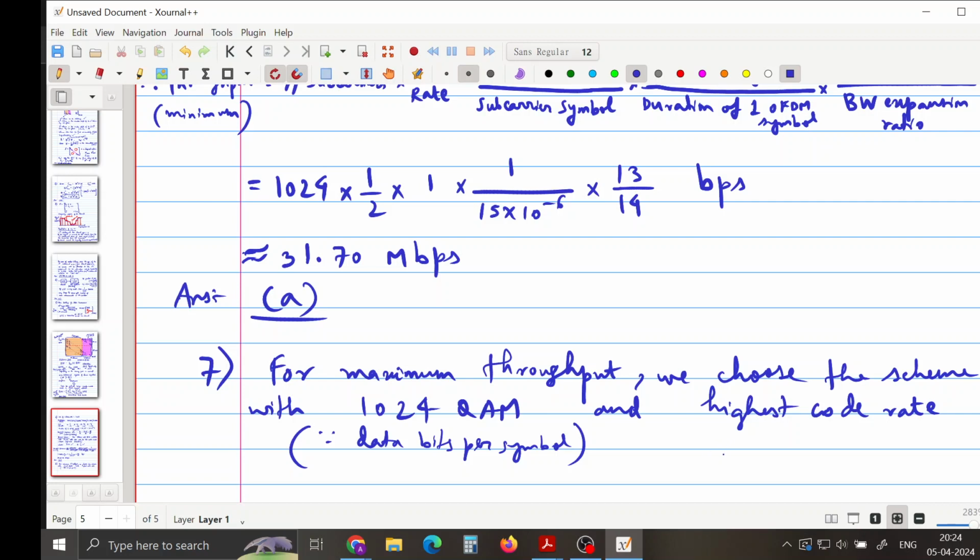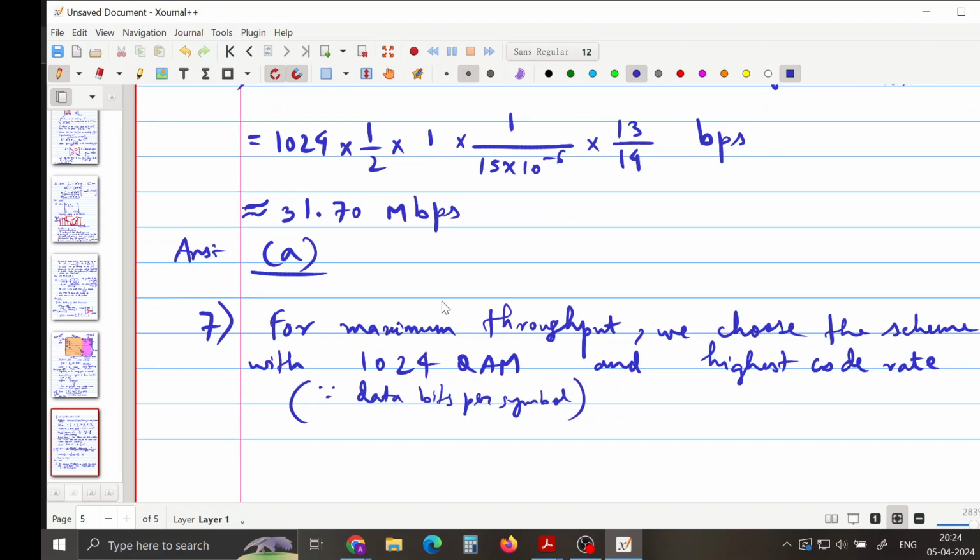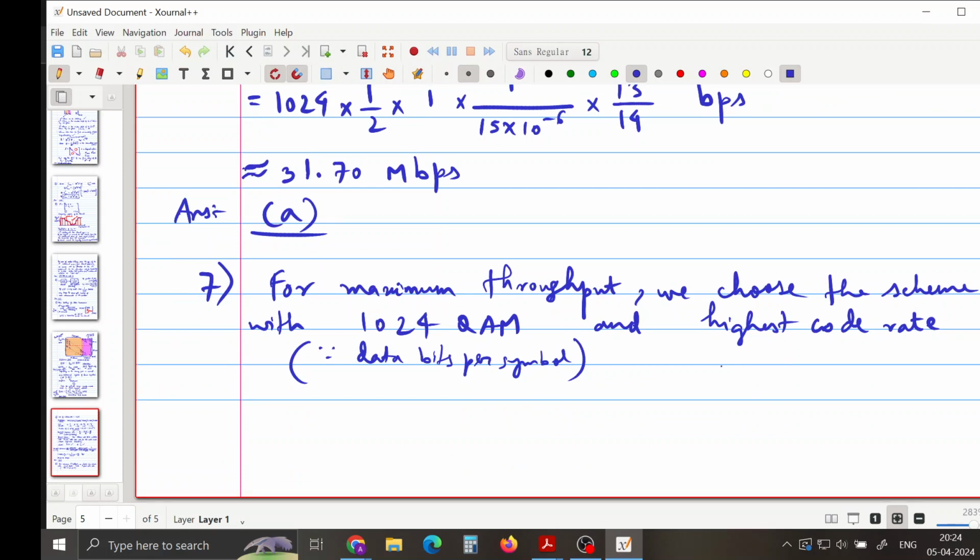But this will compromise your symbol error rate or bit error rate performance.